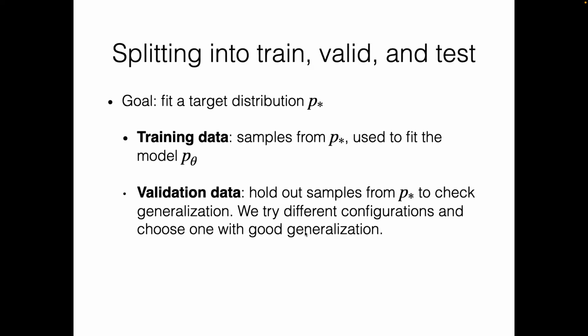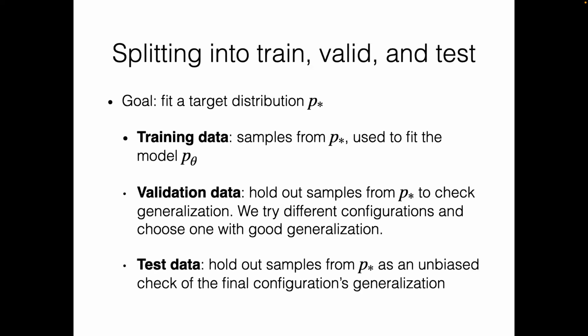However, there's an issue with just doing this, which is that we're choosing the system based on this validation performance. So we still have to do one final check of how well our final system generalizes, and that is what we do with the test data.